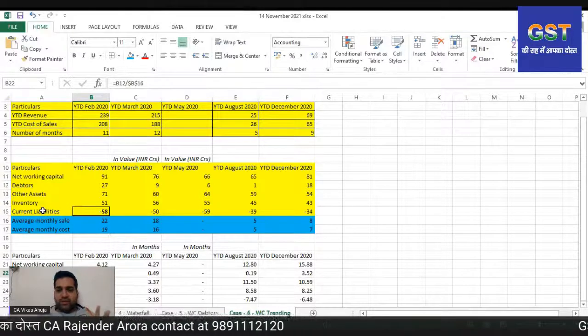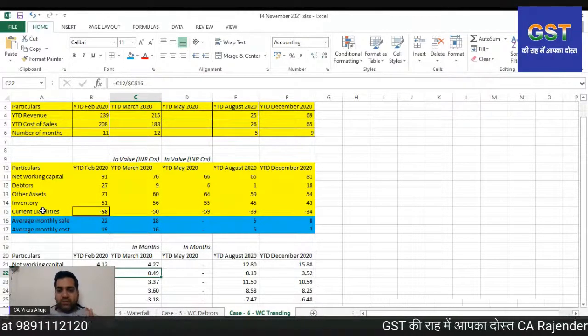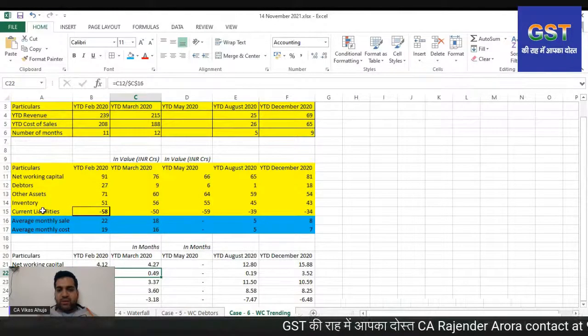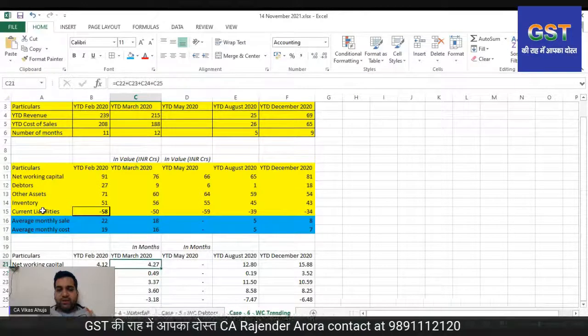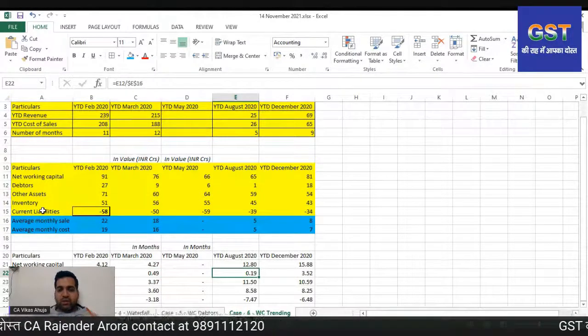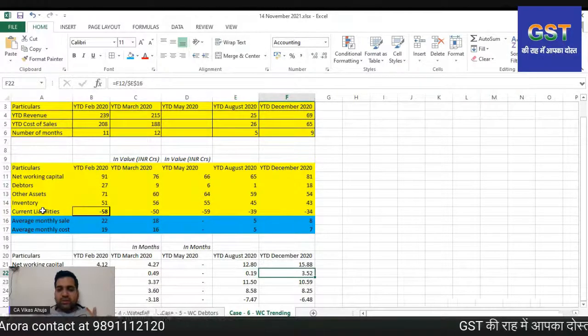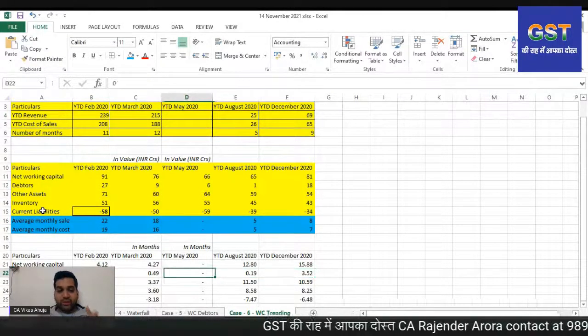That was the average in the month of February. March denotes a bit different picture, 0.49 months, which basically means my debtors paid me in 15 days' time. August was also good, and December. So this is fluctuating in this business. Normally, it should not be that fluctuating.